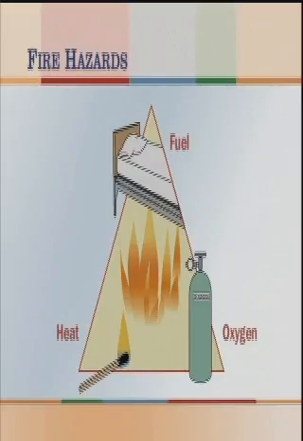As we mentioned earlier, a fire requires fuel, heat, and oxygen. If you remove just one of these elements, you can put out the fire, but not all fires are alike. Fires are classified as Type A, Type B, or Type C. Fire extinguishers, such as this one, clearly show which types of fires they are designed to fight.